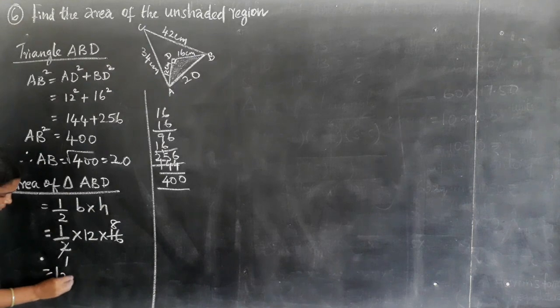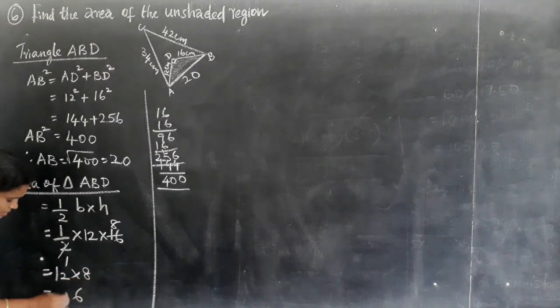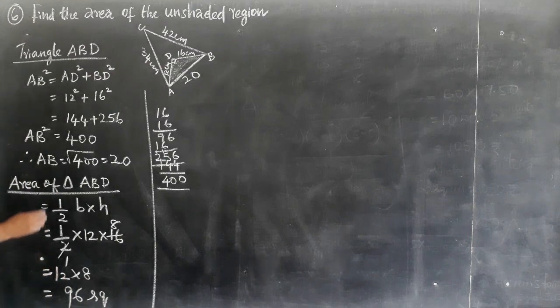So 12 into 8: 2 8s are 16, 1 8 is 8, 8 plus 1 is 9. So the area of the triangle is equal to 96 square centimeter.